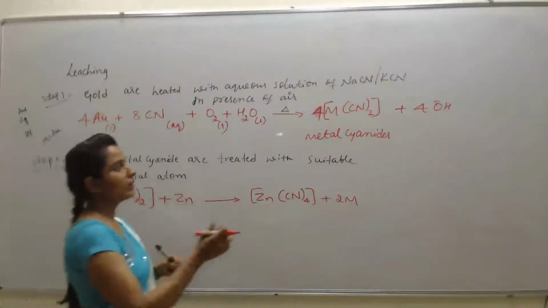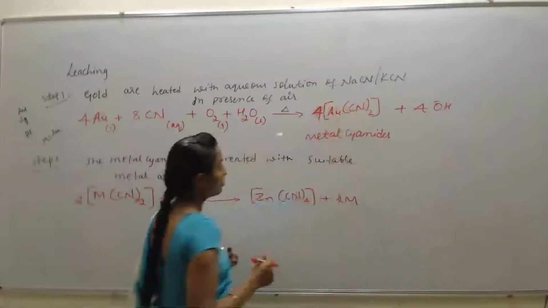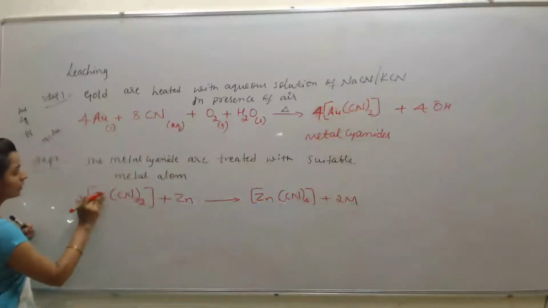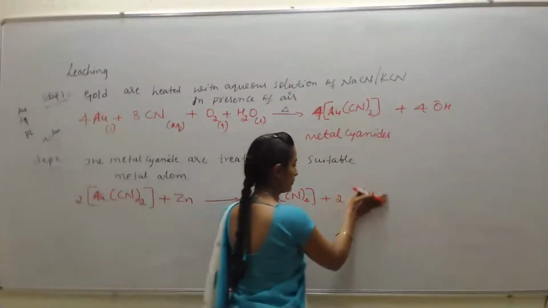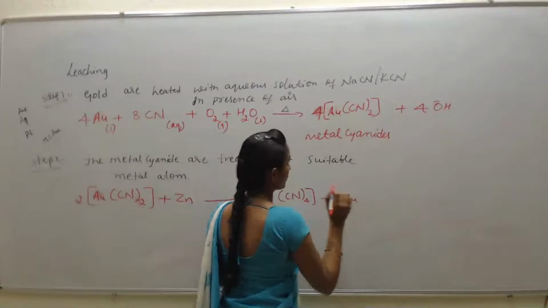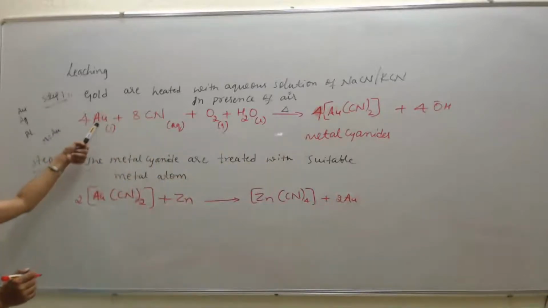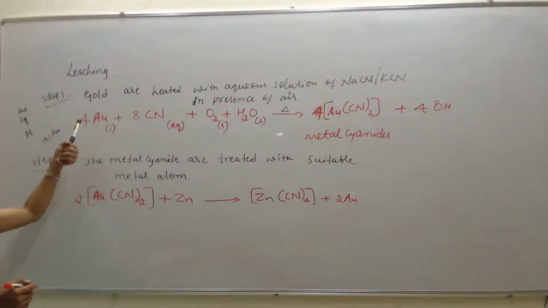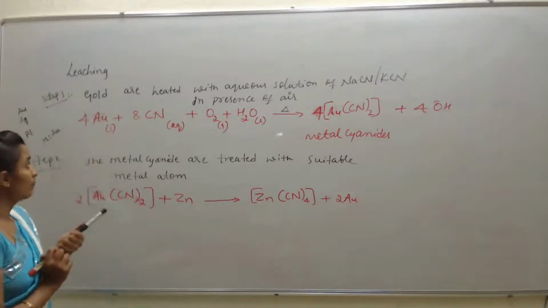Wherever M is there, you replace that by Au, you will get the answer. Instead of Au, you can take silver, that is Ag. Instead of Ag, you can take platinum, that becomes Pt.